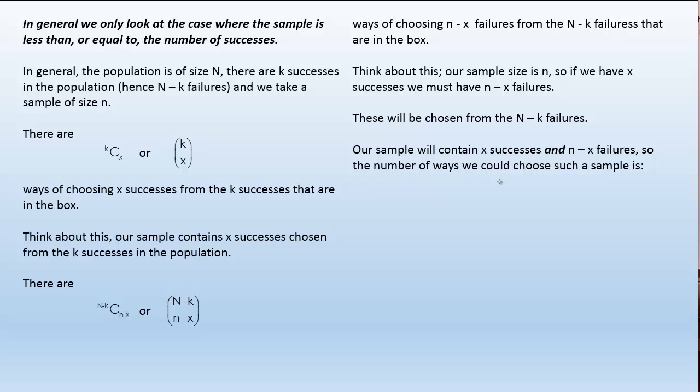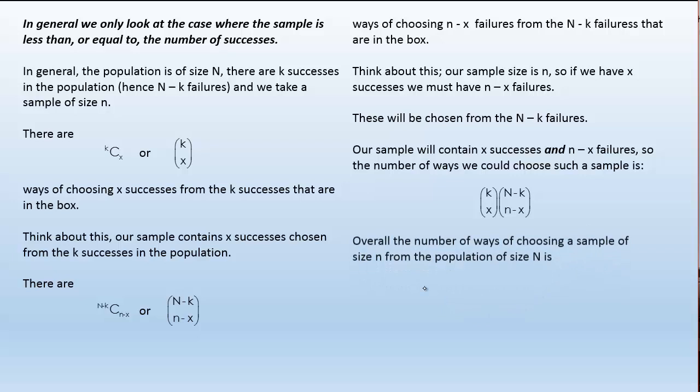So the number of ways we could choose such a sample is to multiply them together. This is the number of ways we can get x successes from the k successes we have. This is the number of ways of getting n minus x failures from the N minus k failures we have. Multiply them together and we've got the total number of ways that we could get x successes and n minus x failures.